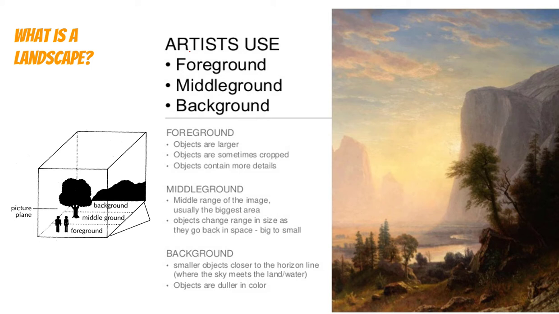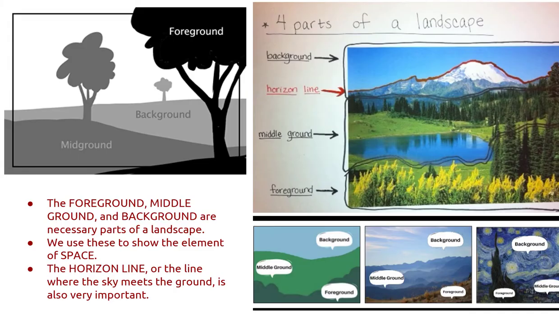And that's what makes landscapes, in my mind, so beautiful: the landscape artist's ability to really create this illusion of depth. We're standing here, looking at this vast, beautiful scenery. So that's what I hope you remember and use in this landscape: foreground, middle ground, and background.